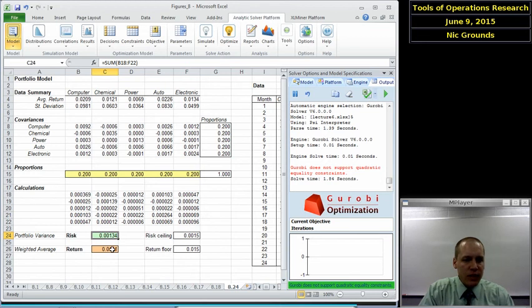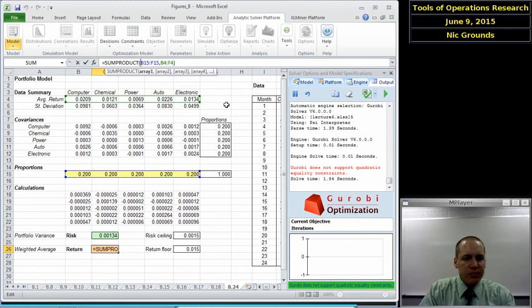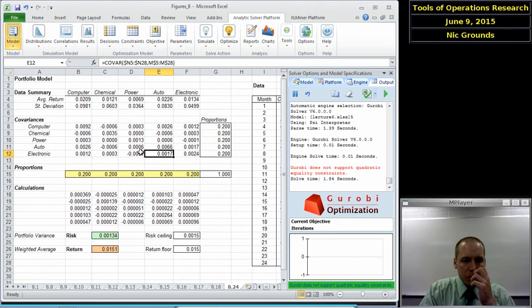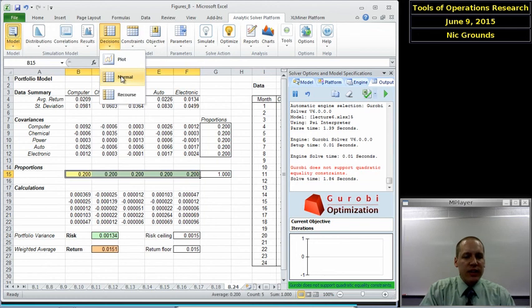And their total return is just the decision variables multiplied by the average returns. And then this is the sum that they're going to constrain. So that looks like what I did, but let's try it here anyway.